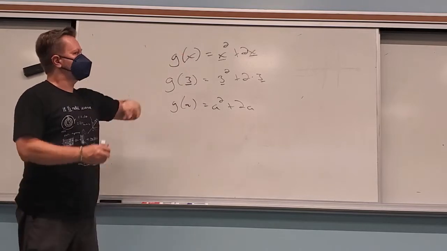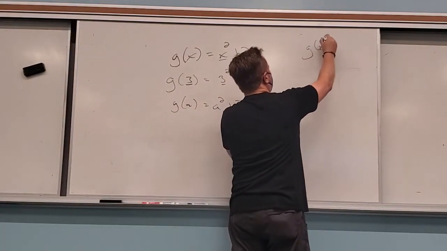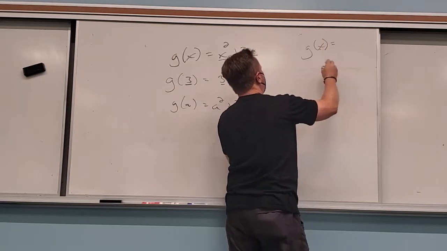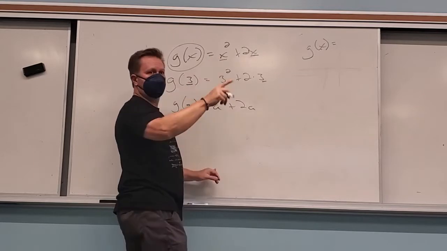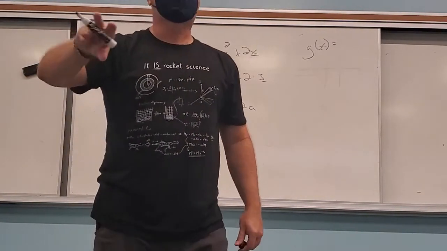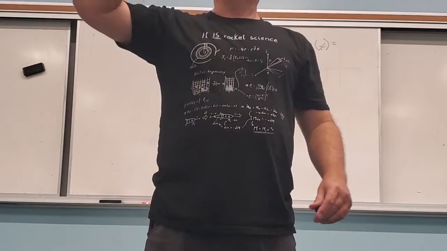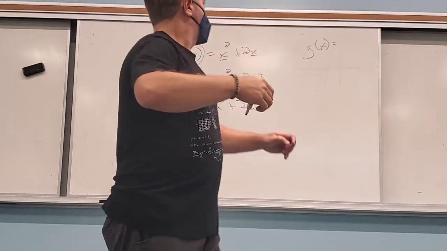I don't know if you guys realize, real quick, what is G of X? Before we learned functions, what letter would have been there? Y. Y equals X squared plus 2X. Remember that?